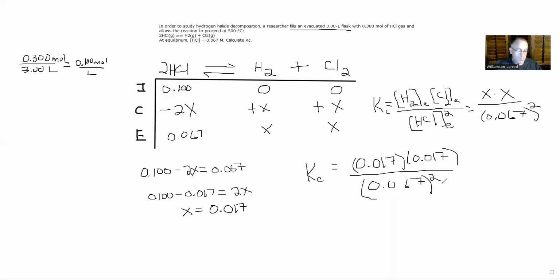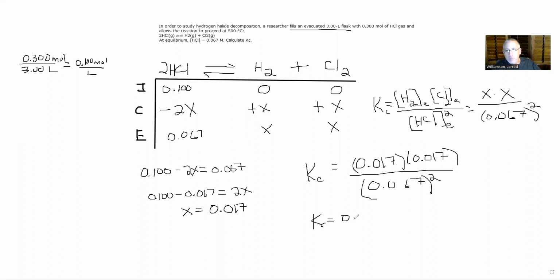And let's see here. I think you get 0.25 for that if I did it right. Let me just check it one more time. 0.25 or so. Let me just double check. 0.017 times 0.017 divided by 0.067. No, I got 0.0. Okay, I'm having brain farts with my calculator here.